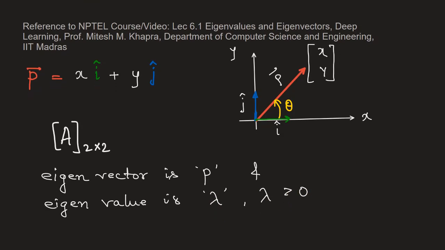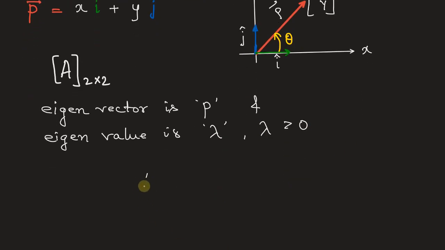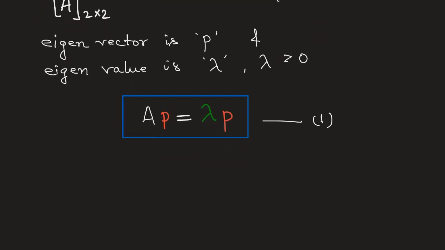In a linear transformation, a matrix A multiplied by a vector P is equal to lambda P, where P represents the eigenvector of A and lambda is the eigenvalue of A. Now let this be equation number 1. Also in the question it is given that P prime is equal to A into P. Now let this be equation number 2.